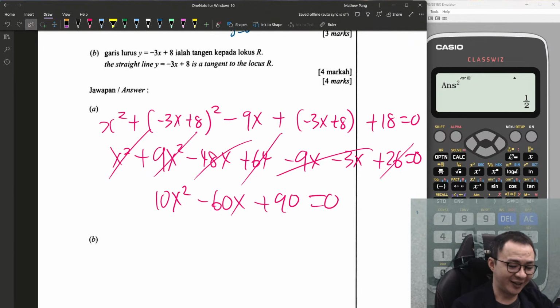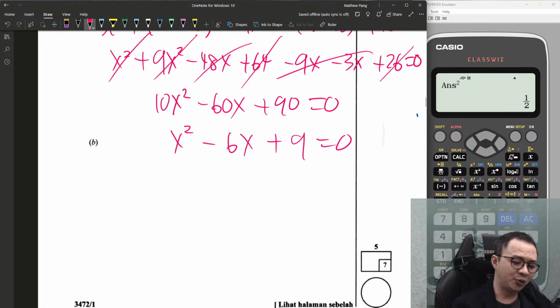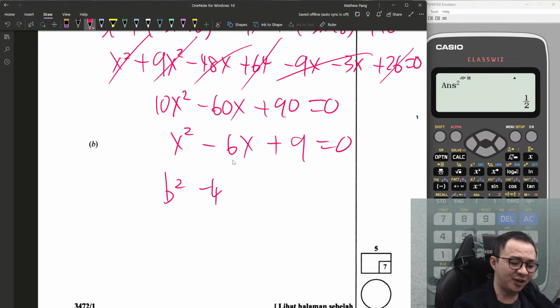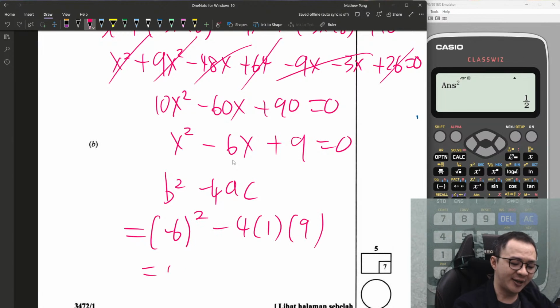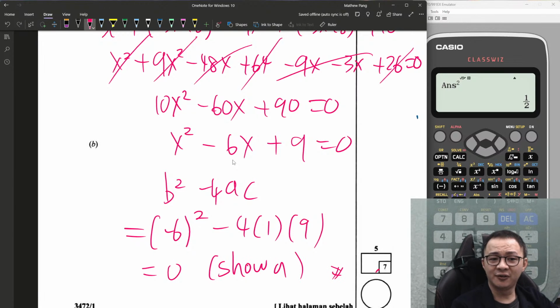Then I will divide by 10, so I will get x squared minus 6x plus 9 equals 0. Then I will do b squared minus 4ac, because it's tangent, so it must get 0. b is negative 6 squared minus 4ac, so 36 minus 36, 0. Shown. Then it is tangent to the curve. Yes, it's minus 60x, and I got it.